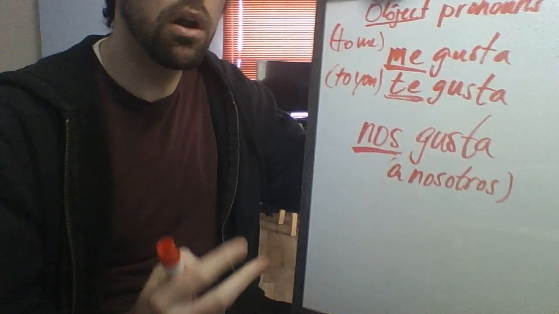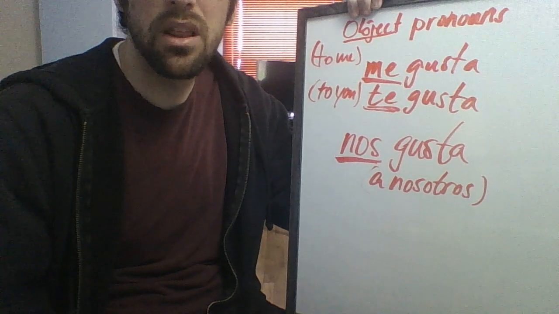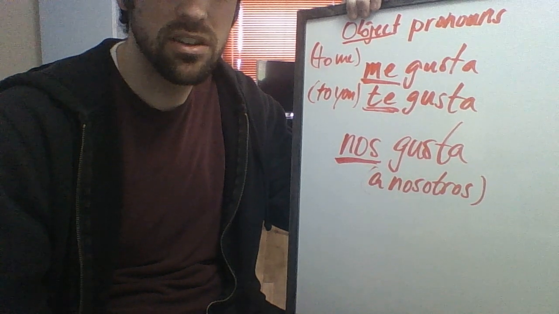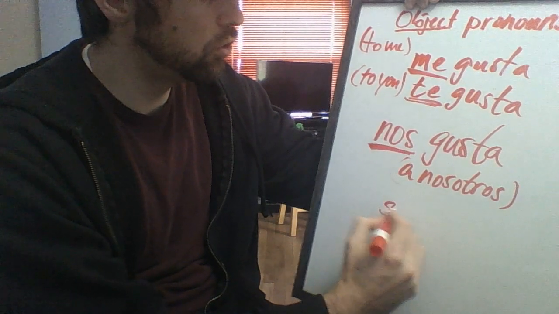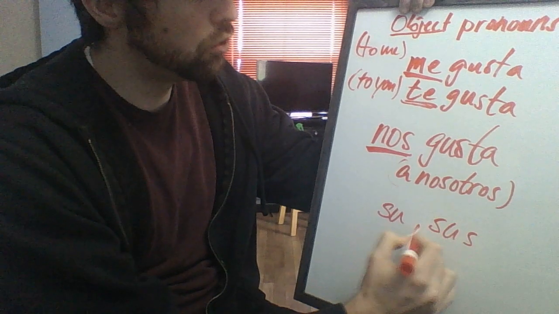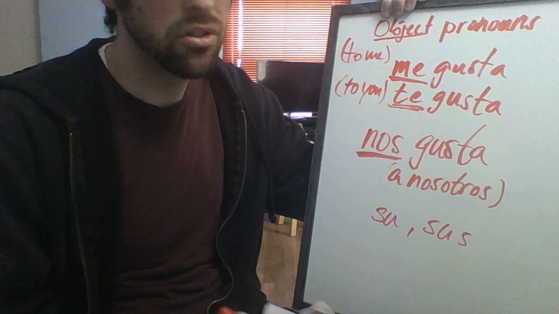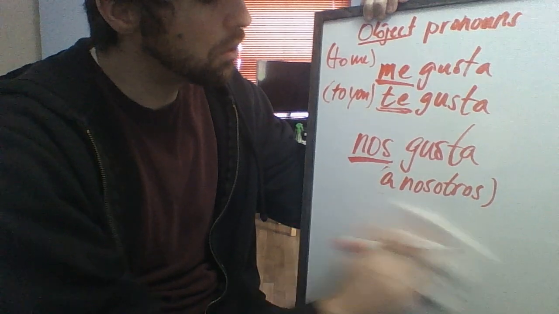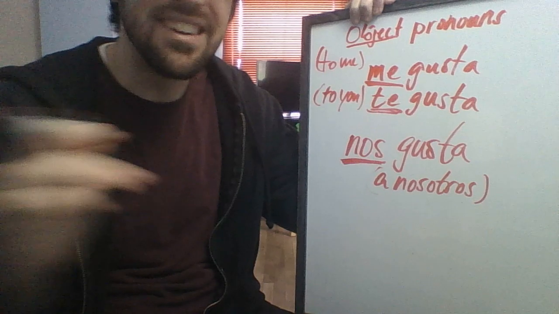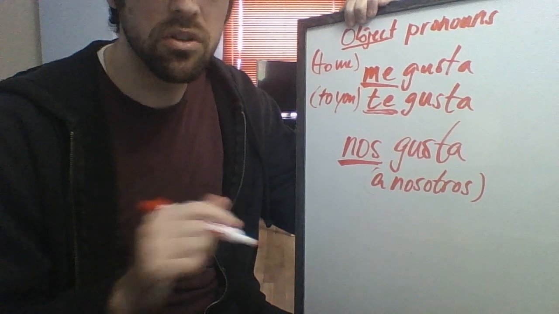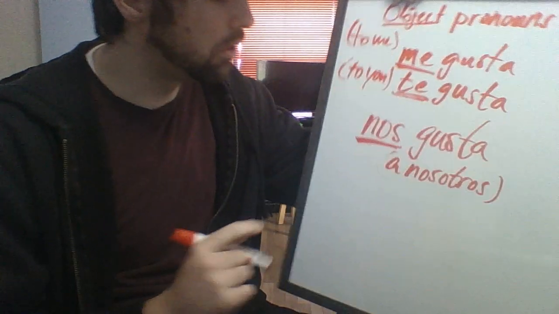Nosotros. And we have two more. And just like we saw with our possessive adjectives, if you remember back, that would be su and sus, right? All of these will refer to a bunch of different possible subjects. And so we will almost always need to identify who is receiving the action in particular. And I'll show you how to do that.